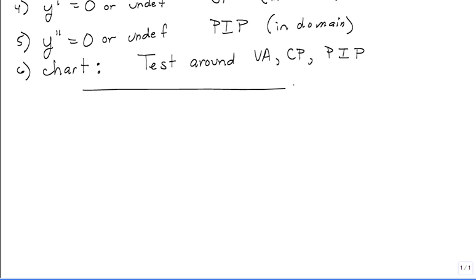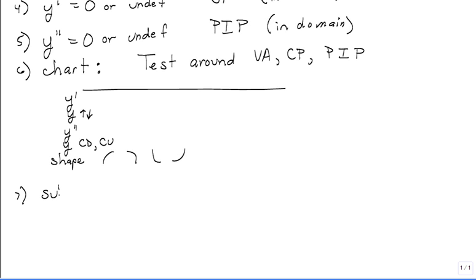So here's your number line, and then you do y prime, y. That tells you if y is increasing or decreasing. Y double prime tells you if y is concave down or concave up, and then the shape of the graph. So you have 4 shapes that possibly could happen. The first one is increasing concave down, then decreasing concave down, then decreasing concave up, and increasing concave up, because you always move left to right.